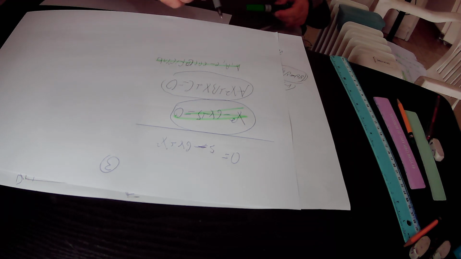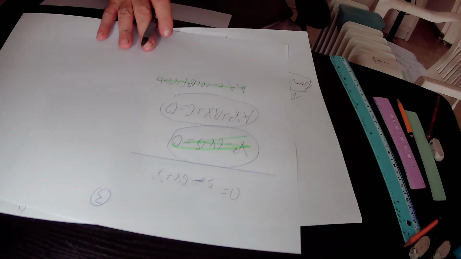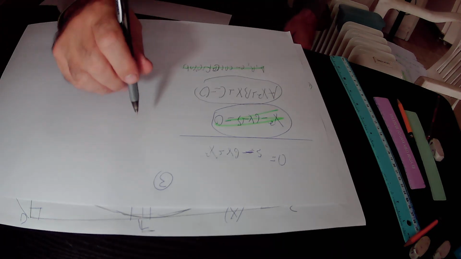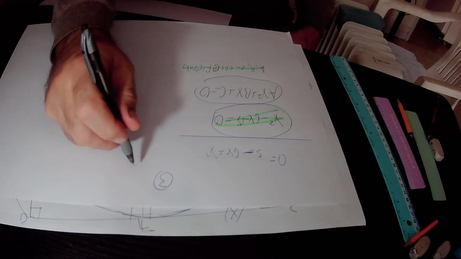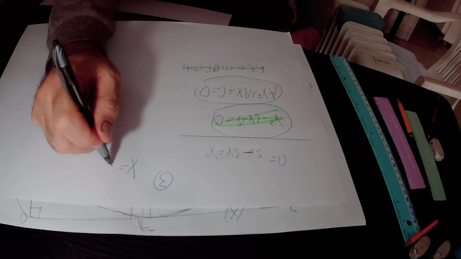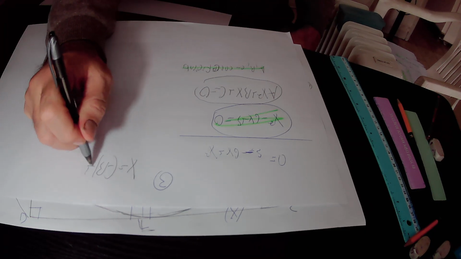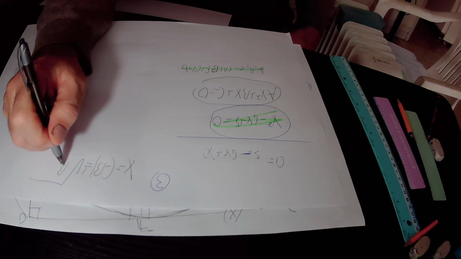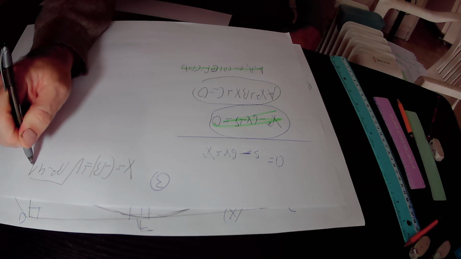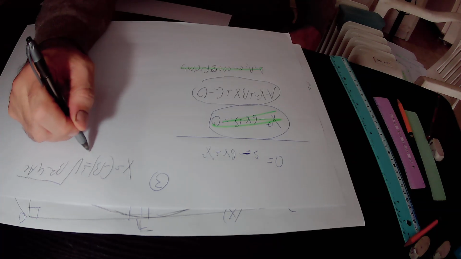And we'll find the value of x according to the following formula: x equals minus b plus or minus the square root of b squared minus 4 times a times c, over 2a.